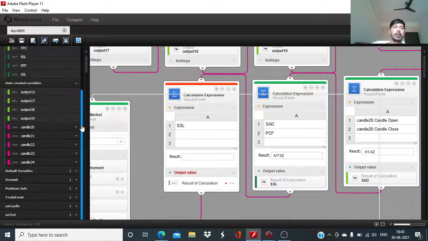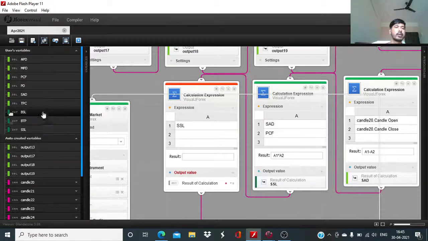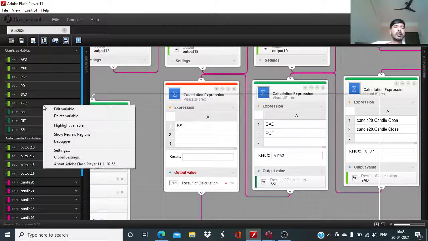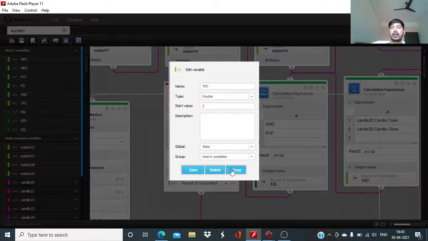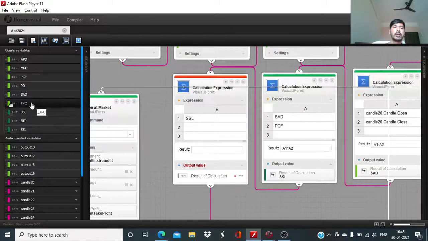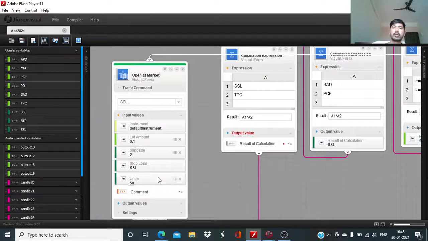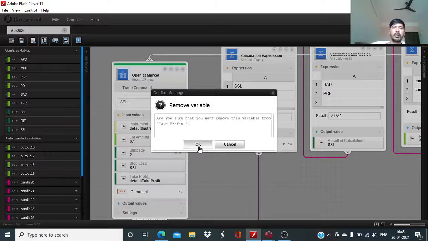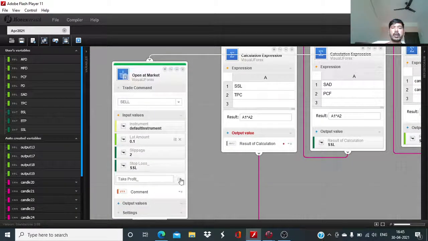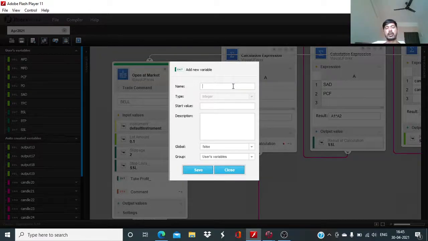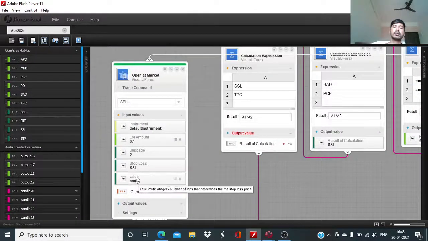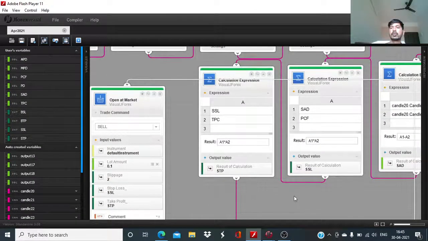And we have already defined a variable which has the value of 2. Yes, it is TPC, and the calculation remains the same, A1 into A2, and there is going to be a new variable named STP.